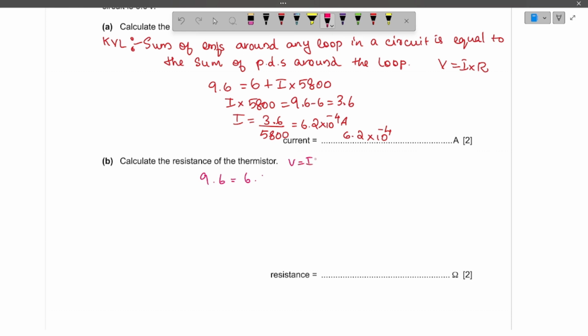So here the current is 6.2 times 10 to the power minus 4 multiplied by the sum of resistors, 3400 plus 5800 plus the resistor that you need to find out. Rearrange this formula and find out the R value. You will be getting 6.3 times 10 to the power 3 ohms. So this is the resistance of the thermistor.